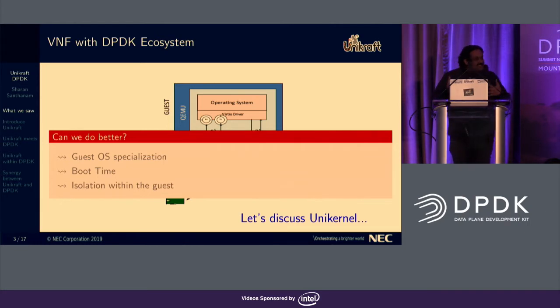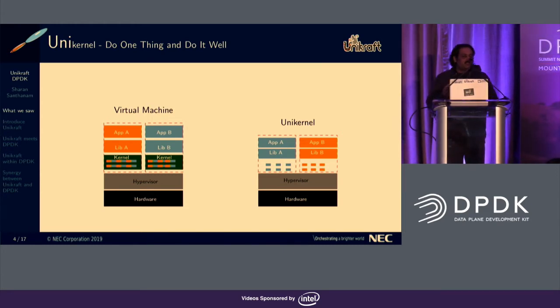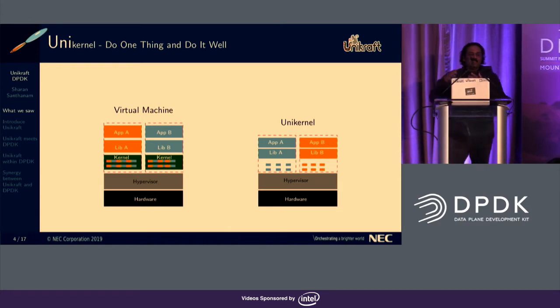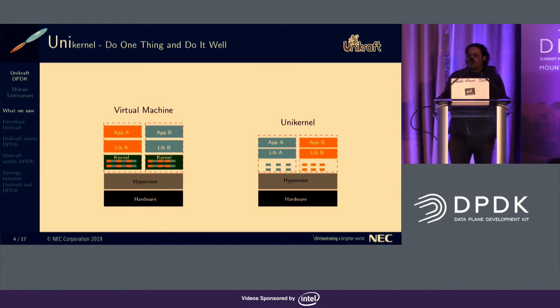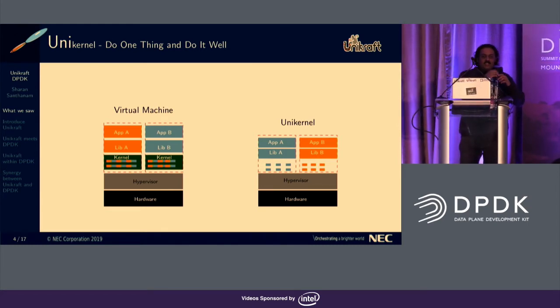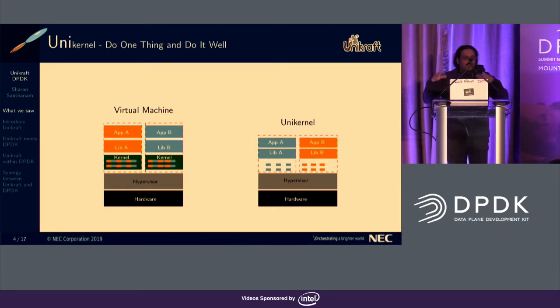So let's start a discussion here. The first thing we do is make a comparison between a virtual machine and a Unikernel. A typical virtual machine has a Debian image as a guest OS with a KVM hypervisor running in between. Then you have a generic management interface where you request devices and share resources among the different applications running within your virtual machine.